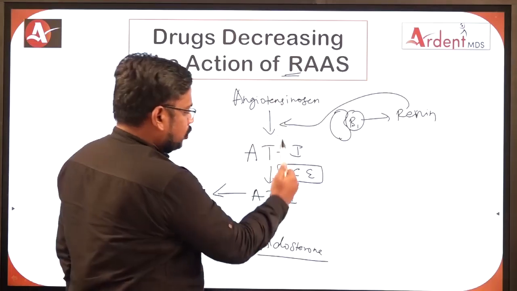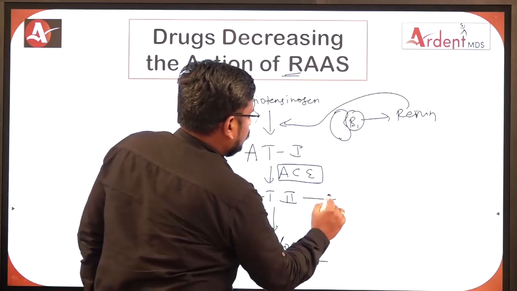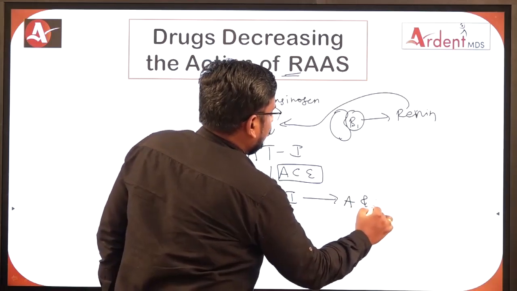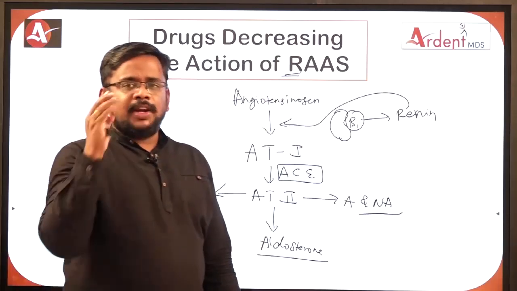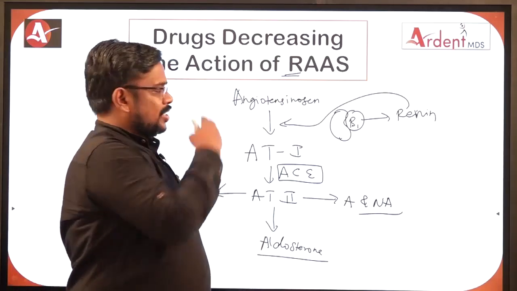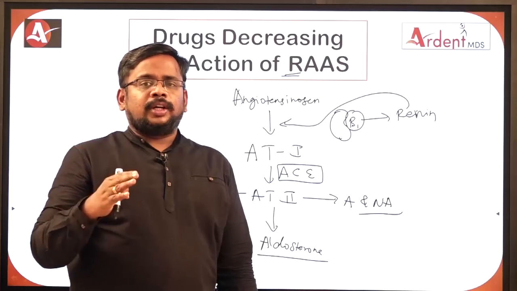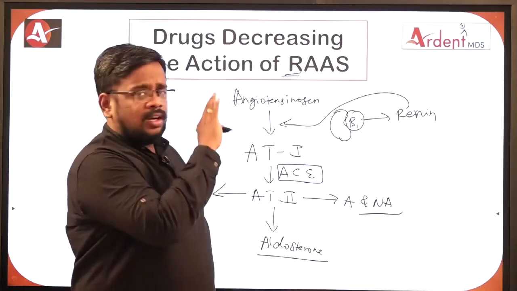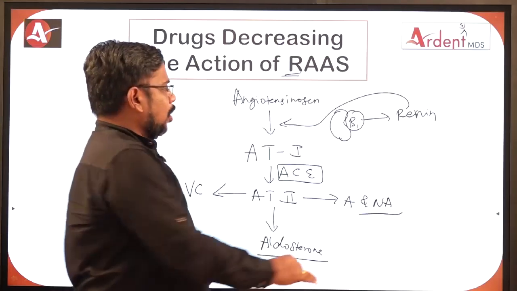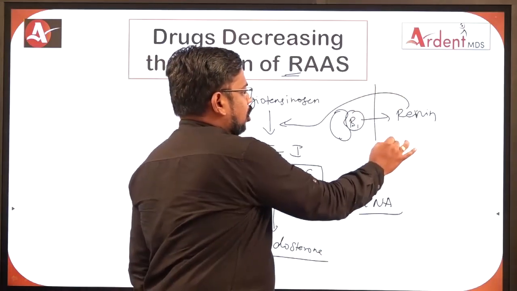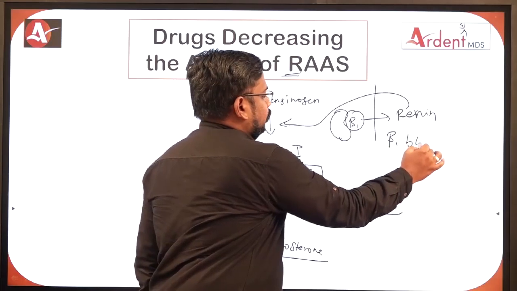So we have to block this, and this also releases adrenaline and noradrenaline, right? So basically where can you block these steps to decrease the overall renin angiotensin aldosterone system activity? Number 1, you can block here by giving a beta 1 blocker.